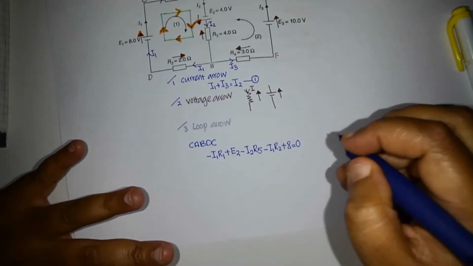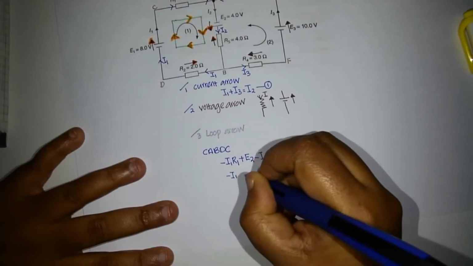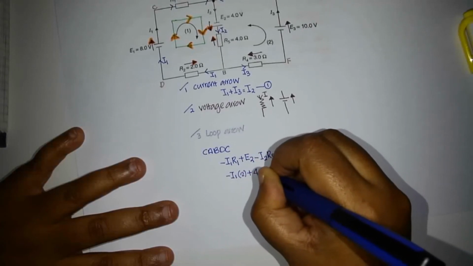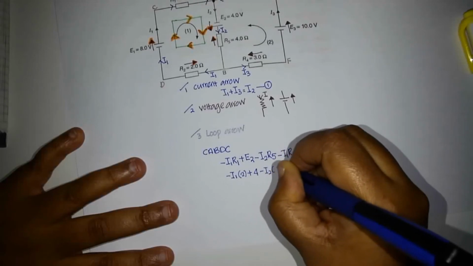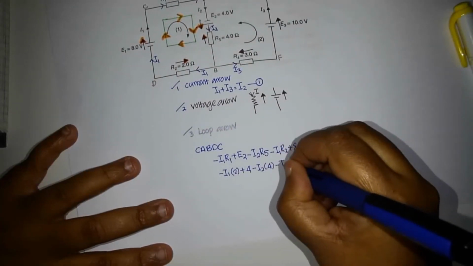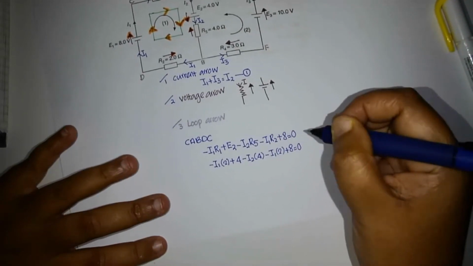Now I replace all those values. Negative I1 R1 is 2, plus E2 is 4, minus I2 R5 is 4, minus I1 R2 is 2, plus E3 is 8, equals 0.